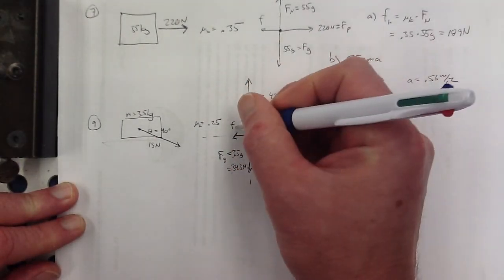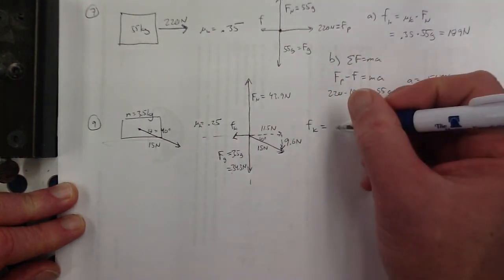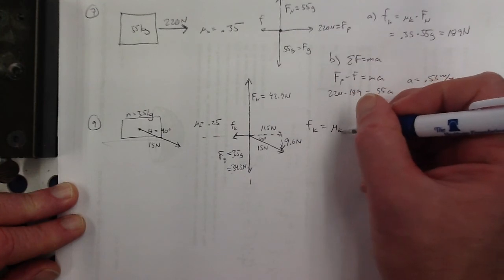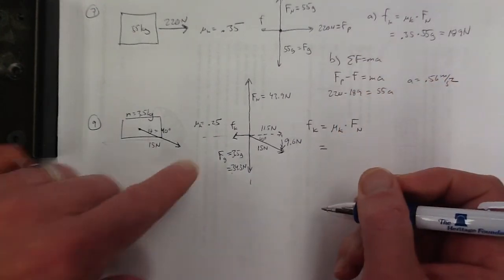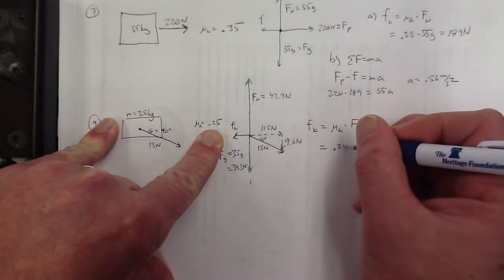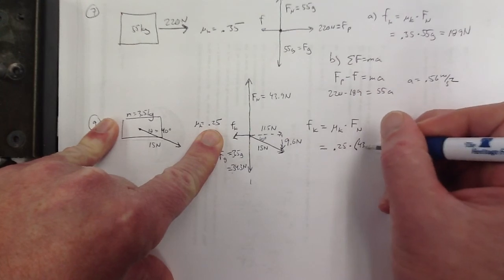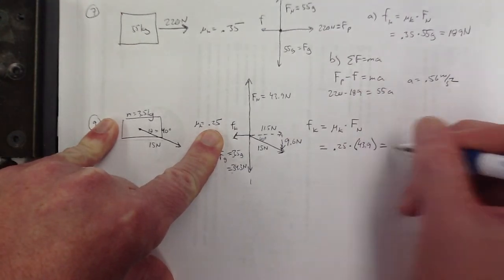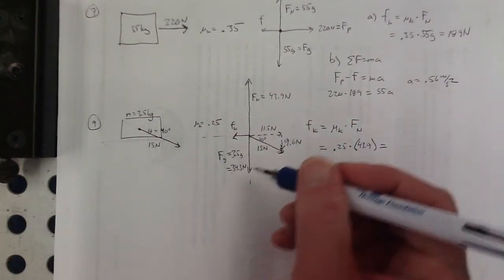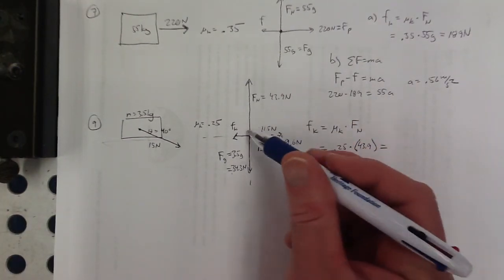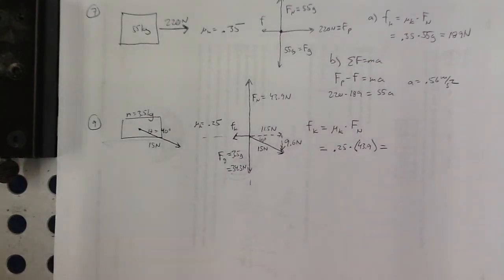Because the force of kinetic friction is equal to mu times the normal force. And that coefficient is going to be multiplying by a larger normal force. Larger than if there was nothing pushing down, right? If it was just sitting there, or if this force was horizontal, then the normal force would only be 34.3.